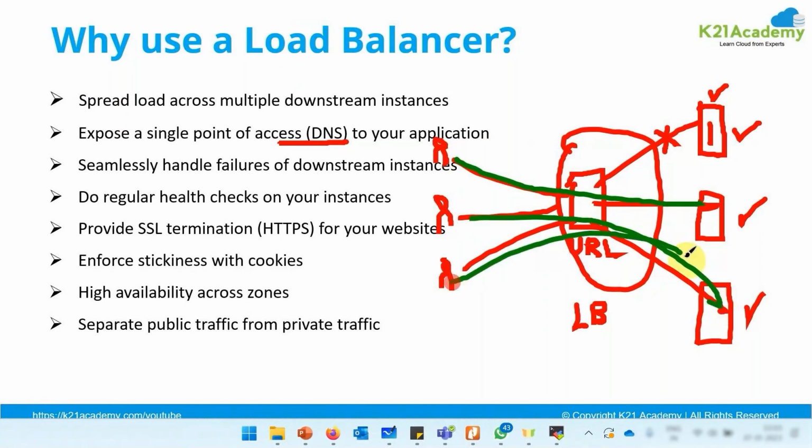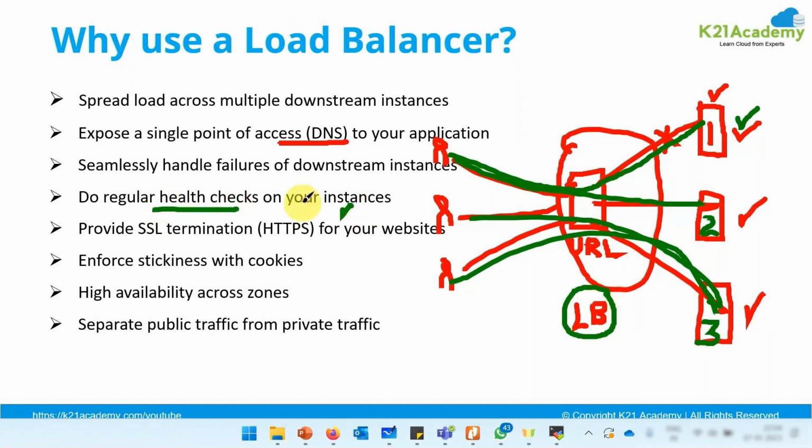Nothing will go to server 1. Servers 2 and 3 will take the whole load. As server number 1 comes back into service, the requests will start flowing to it again. So the load balancer basically does regular health checks for the instances.